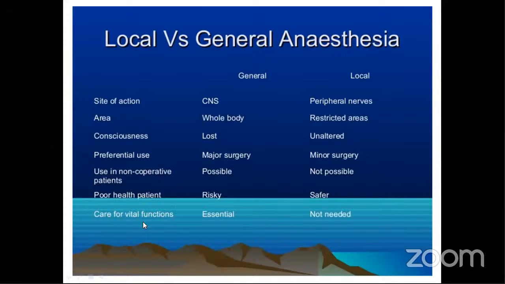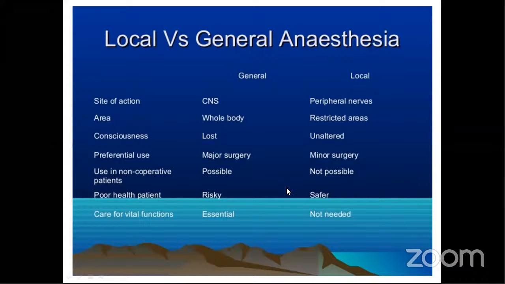So you have to monitor all these things during general anesthesia. But in local anesthesia it is not required, because only the particular part is anesthetized. No need to control the heart or liver or kidney functions. But in the general case, you have to maintain them. So these are the general things which can be differentiated between local and general.